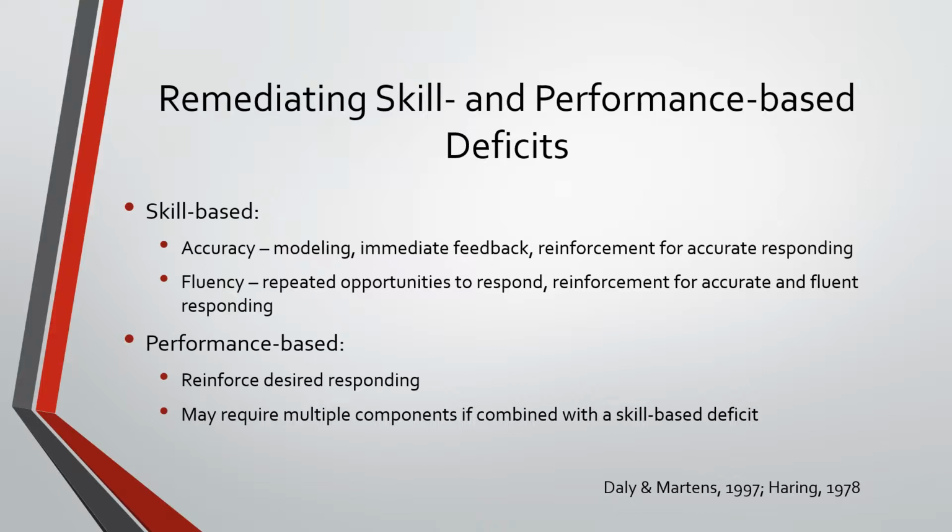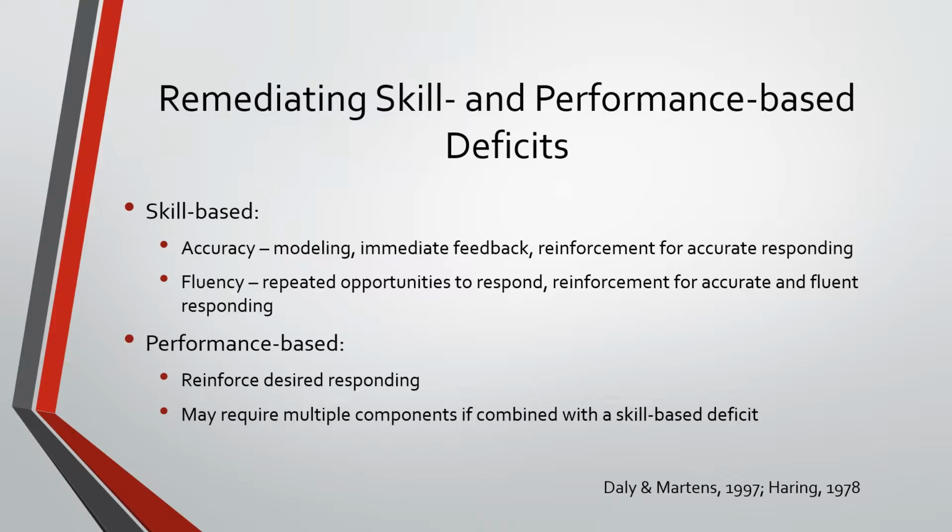For performance-based deficits, where students have accuracy and or fluency in a skill, we just want to reinforce the desired responding. So whether they're demonstrating accuracy, but they're not showing us how fluent they are, we want to provide reinforcement for responding fluently, for example. However, it is also possible for students to demonstrate both of these deficits.